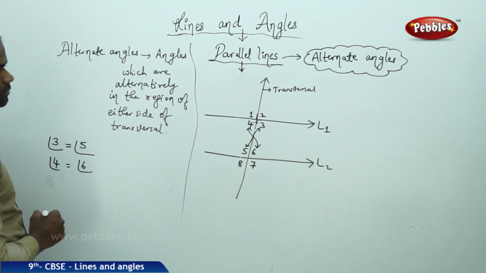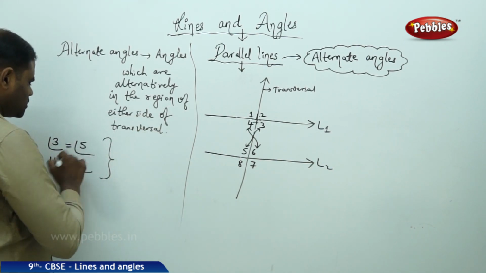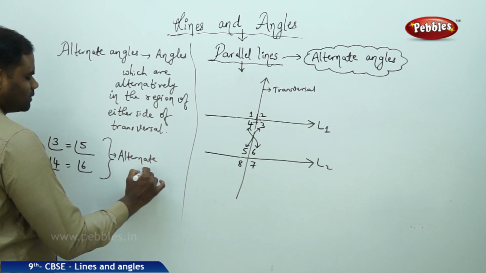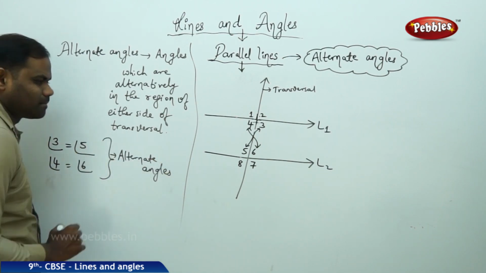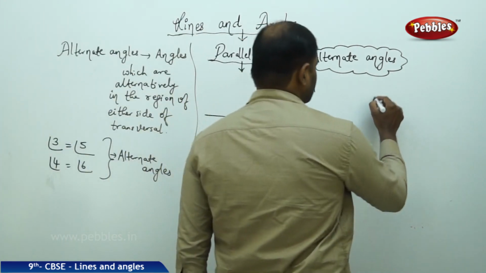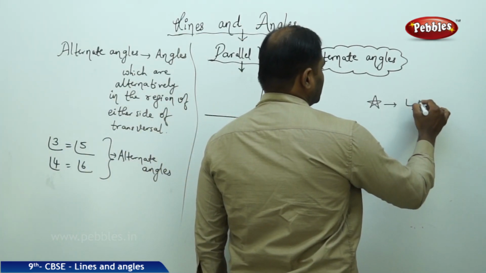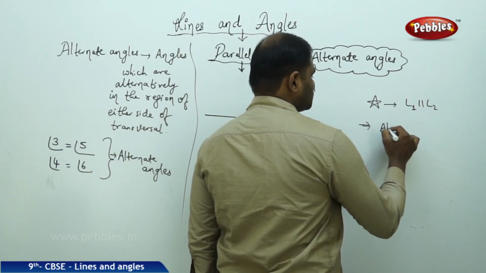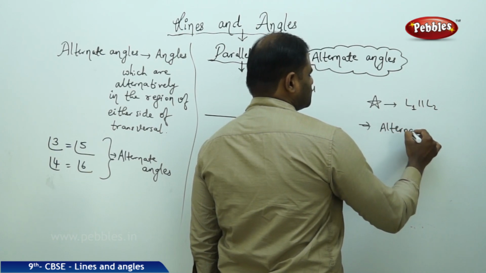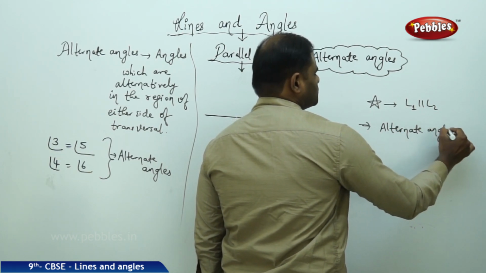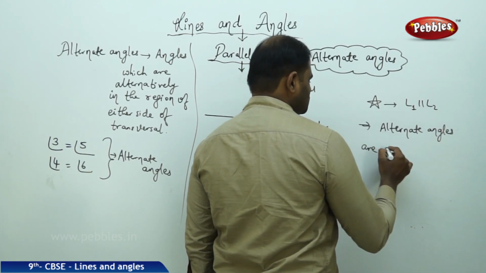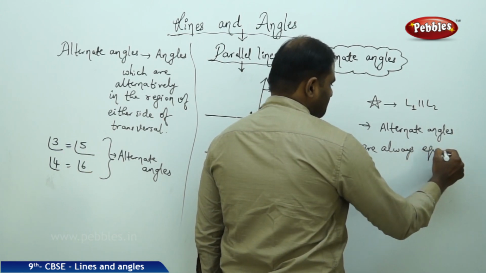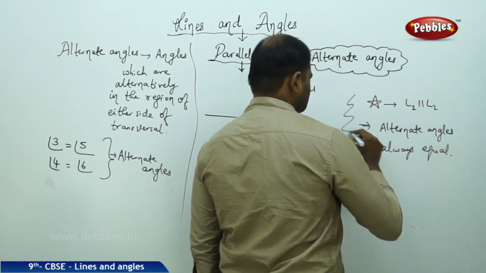angle 4 is equal to angle 6, and these four angles are called alternate angles. And mathematically, we have the property which says L1 parallel to L2 implies alternate angles are always equal.